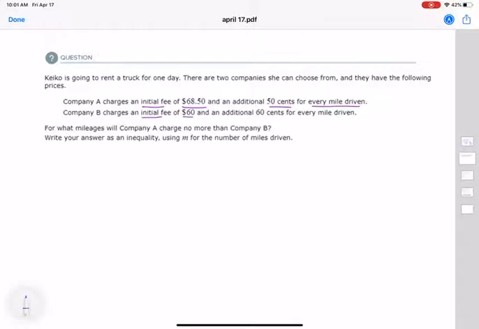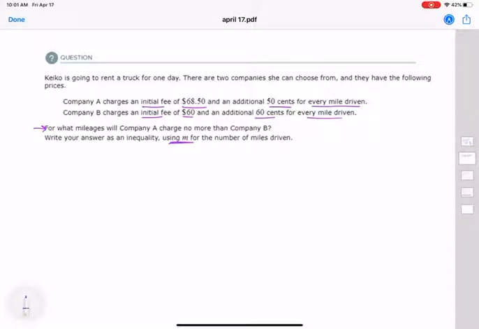Company B charges an initial $60, and then 60 cents for every mile driven. I learned in the last one to find the variables they want you to use. So we're going to write this as an inequality with M for the number of miles driven. It says, for what mileages will company A charge no more than company B?